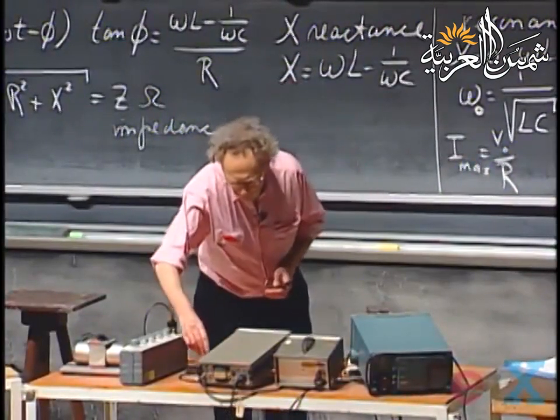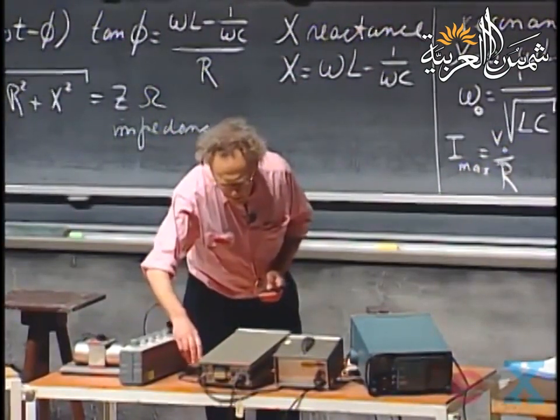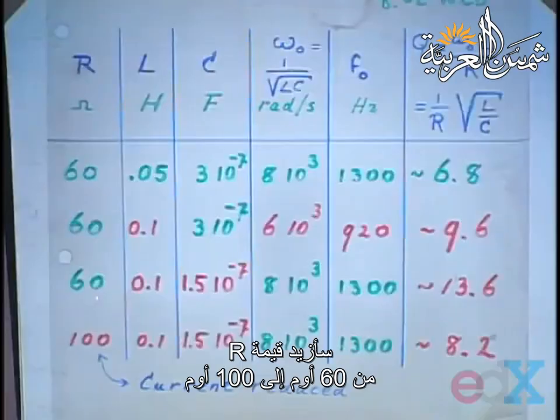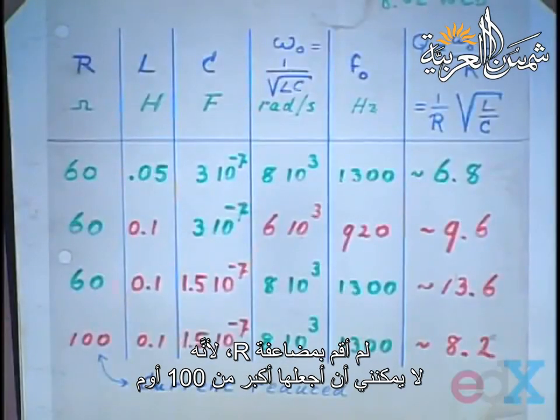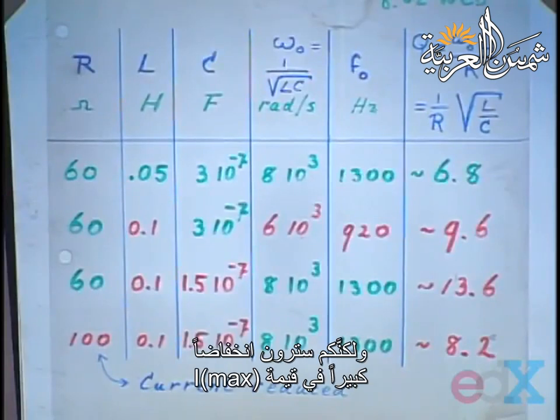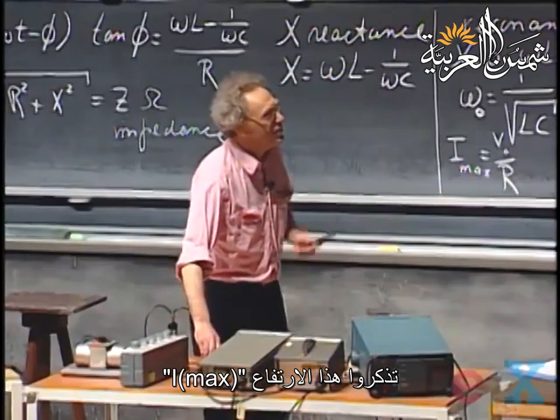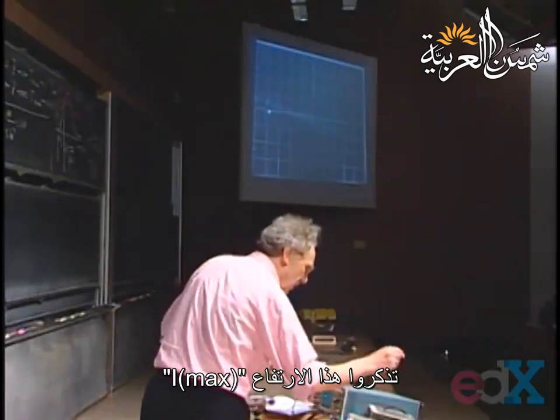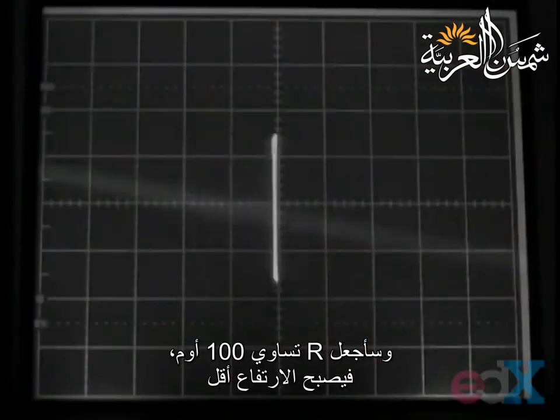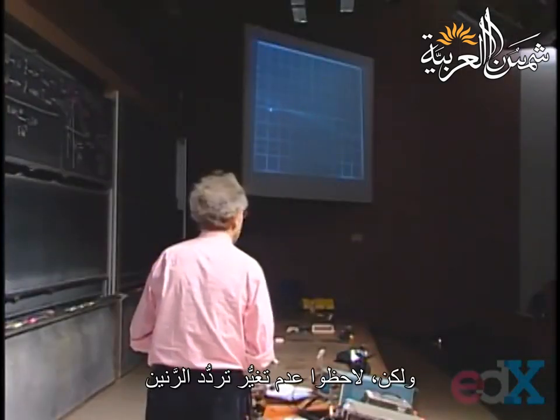And so, I go now from 60 to 100. I don't double it. I can't go any further than 100. But you'll see a substantial reduction. So if you're ready for this, remember this height, and now you see 100 ohms, and it is much lower. It was this height before, and now it's only here. But notice the resonance frequency has not changed.